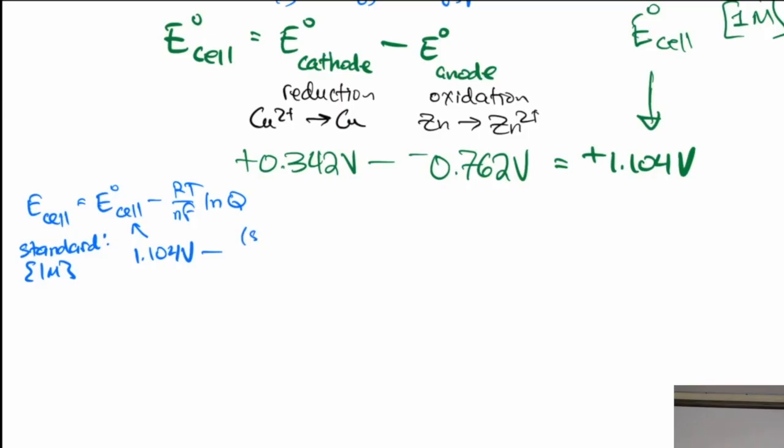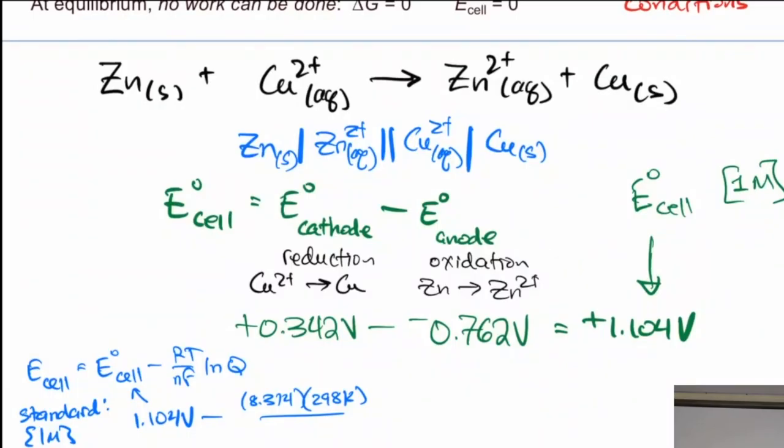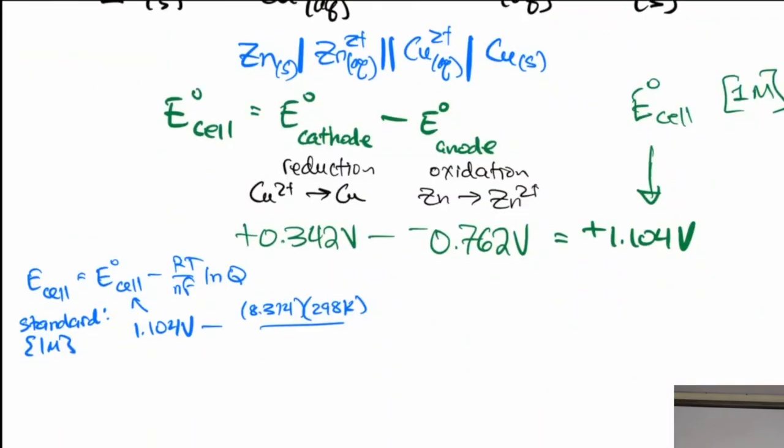Minus R is 8.314. T at 25 degrees, so that's 298 Kelvin. N, how many electrons are transferred here? Two electrons, so we've got a 2 here. And the Faraday constant, for every mole, we have 9.65 times 10 to the 4th coulombs.